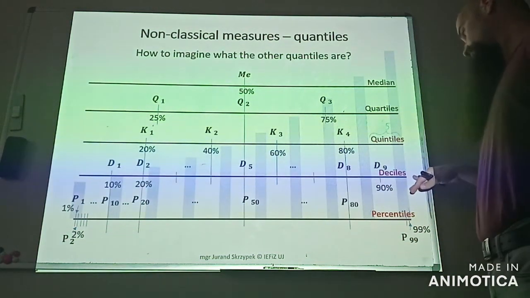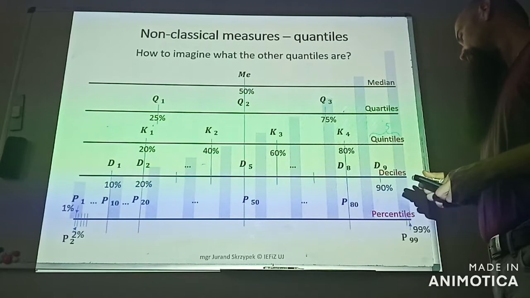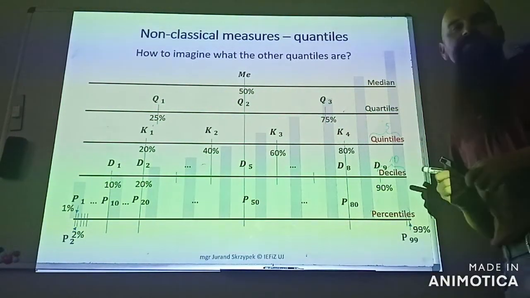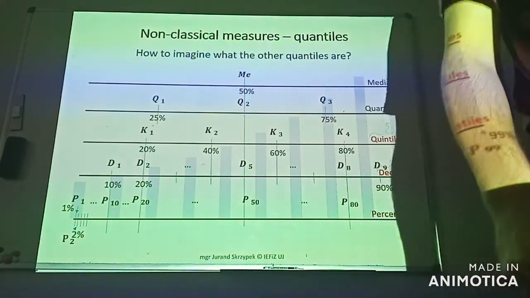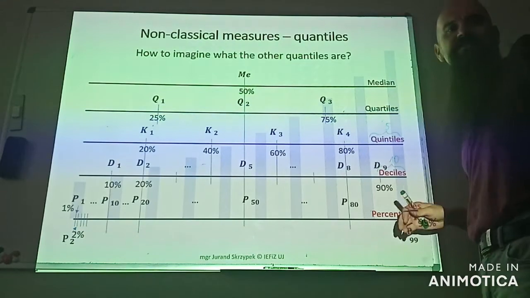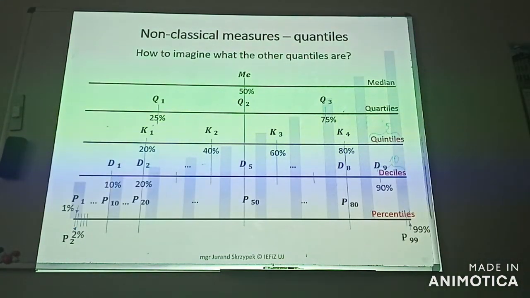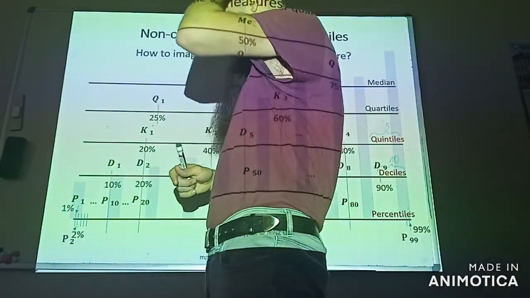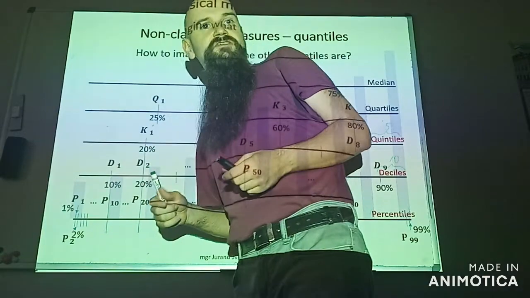The next group of measures are deciles. Deciles can be associated with dividing something by 10. We have 9 deciles and 10 decile groups. The first decile indicates the 10% of the lowest values.